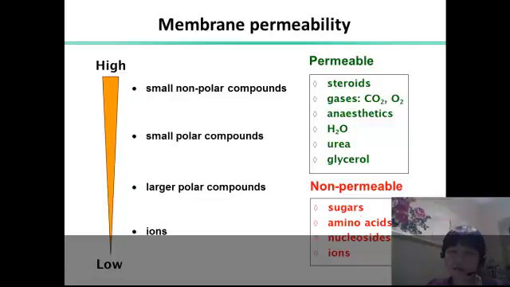The non-permeable molecules are sugars because they are too big. Amino acids are not only big, they can also be charged. Nucleosides and ions. So bear this in mind. This can help you to distinguish whether they can cross the membrane by simple diffusion or not.